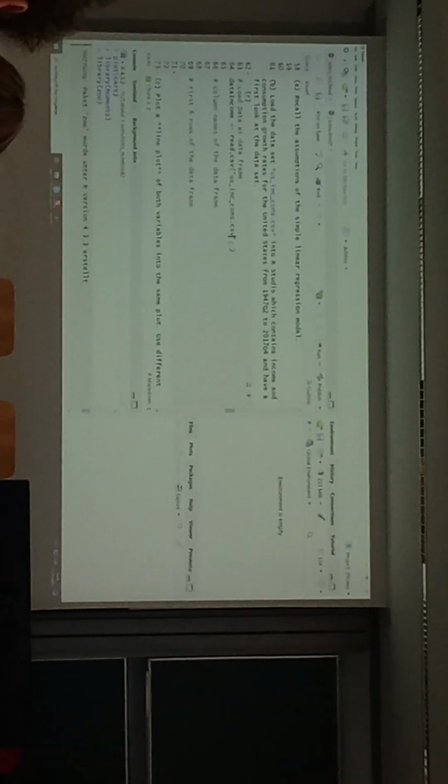And now, because I picked the read CSV function and my separator is not a comma but a semicolon, I also have to specify that like this. Okay, and then I can run this, and now I have my data set in here.